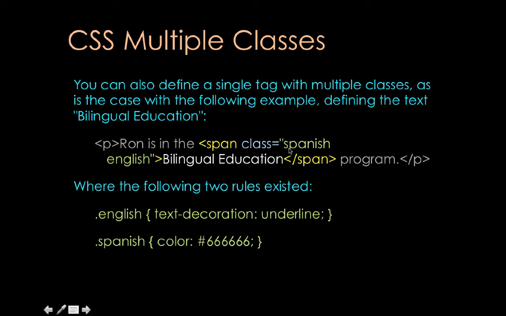So if I want to apply two classes or more than one class to a tag in the HTML, then I define it by saying class as an attribute. All right, so class equals, and then in quotation marks, I would put the first class name with a space after it, and then the next class name, all inside of those quotation marks. And so then it would actually apply both an underline and the color gray to the words bilingual education.